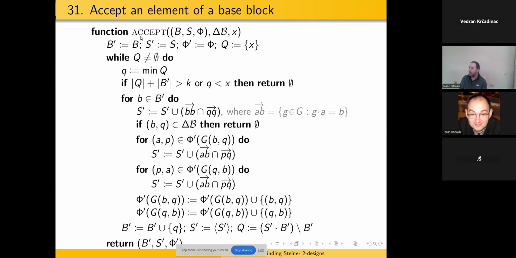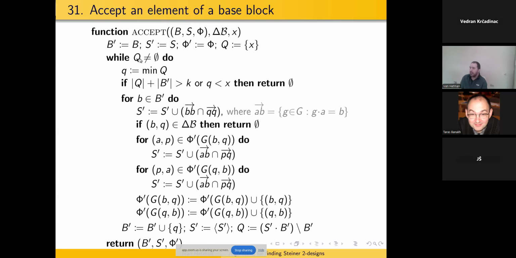Okay, so how do we perform accept? First of all, we consume a state. Second, we consume the current difference of the current difference family, and the next element x that we would like to accept into this base block. When we constructed the base block for difference families, we added only one element every time. Here, when we accept an element into the base block, it can cause the addition of a very large number of new elements.